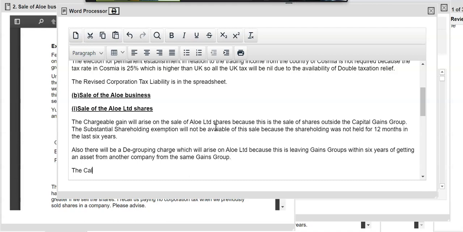The calculations are in the spreadsheet.